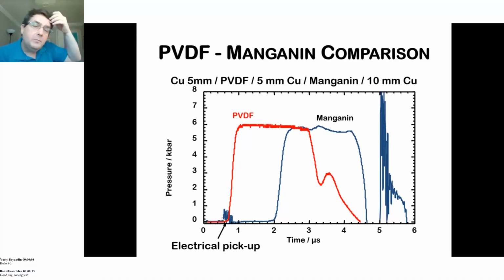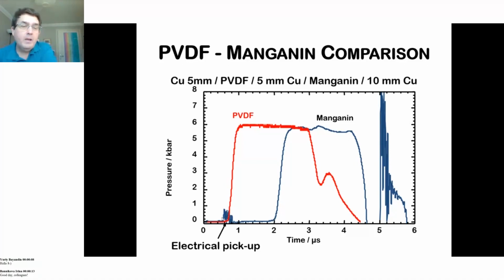However, it also means you cannot use PVDF and manganin if the stress will arrive at those gauges at about the same time, because the electrical disturbance from the PVDF gauge will affect your manganin reading.